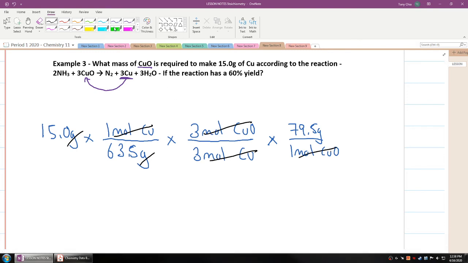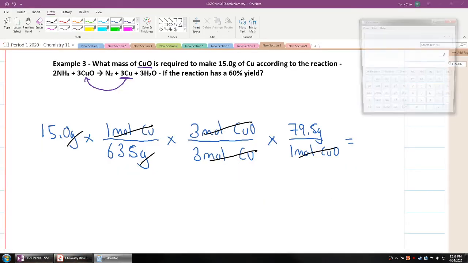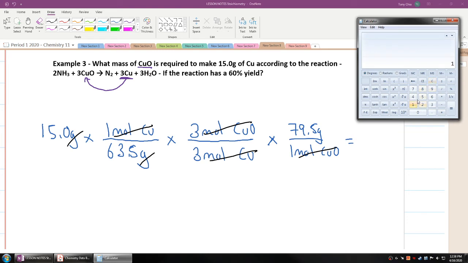So I'm just going to solve for my mass of copper oxide, but I need to find how much I need theoretically. Okay. So right now I have 15 divided by 63.5 times 3 divided by 3, which means really just times 1, times 79.5. And I'm going to have a mass of 18.78.